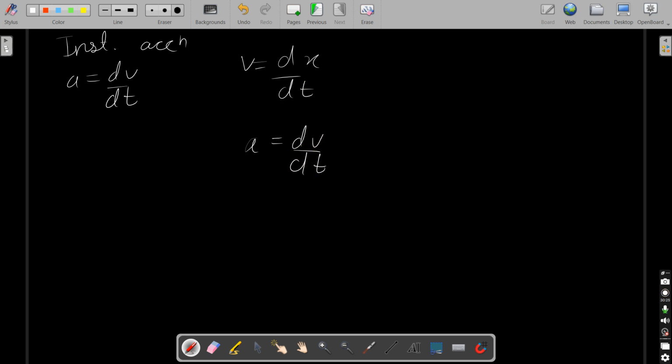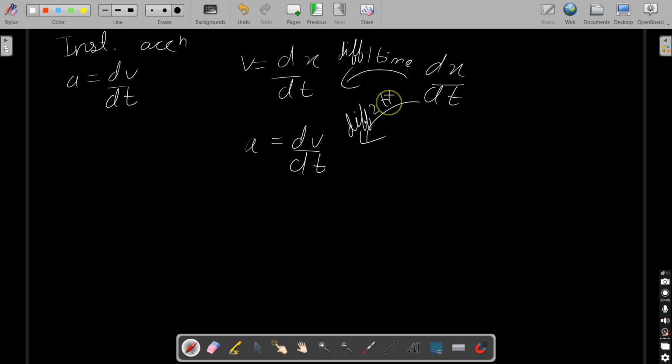So if we differentiate dx upon dt two times, we get acceleration. But if you differentiate one time, you will get velocity.